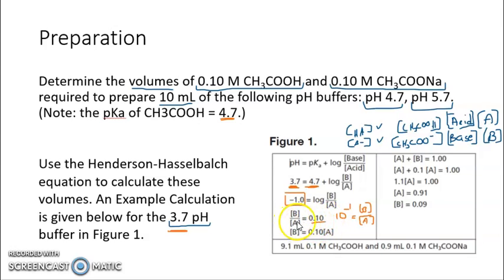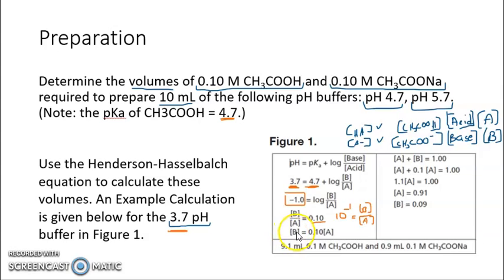If we multiply both sides by A, in brackets, the concentration of the acid, then the A cancels on the left and ends up in the numerator, the top of the expression on the right-hand side. So the concentration of base is equal to 0.10 times the concentration of acid.